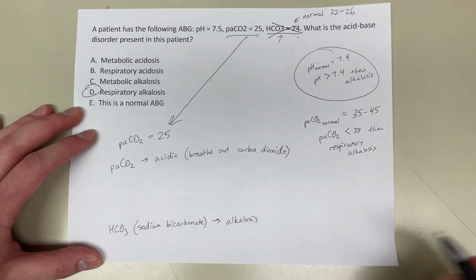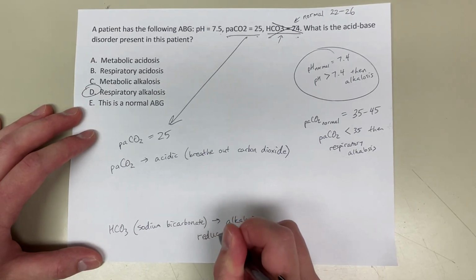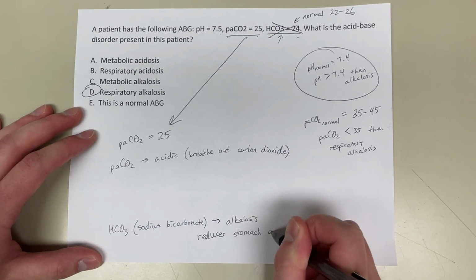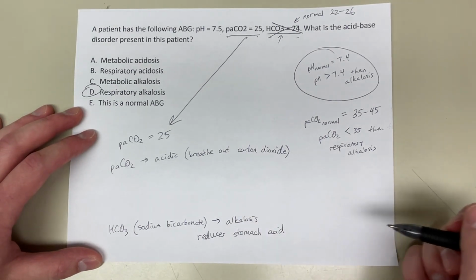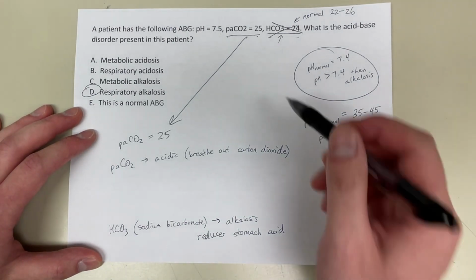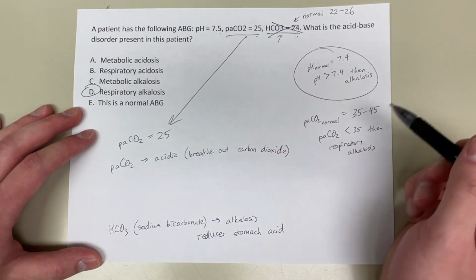That's easy to remember because you take sodium bicarbonate tabs and that reduces stomach acid. That's also how I can tell when it's metabolic, which I'll cover for a different type of question. But this question is only looking at the carbon dioxide because the sodium bicarb is normal.